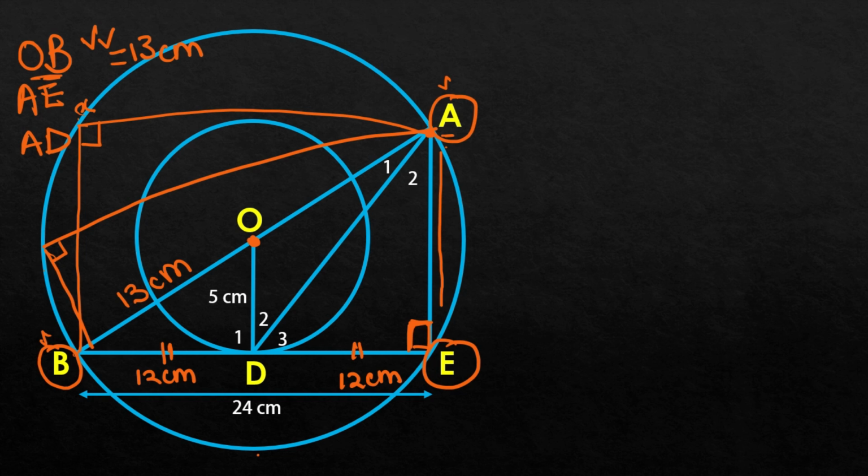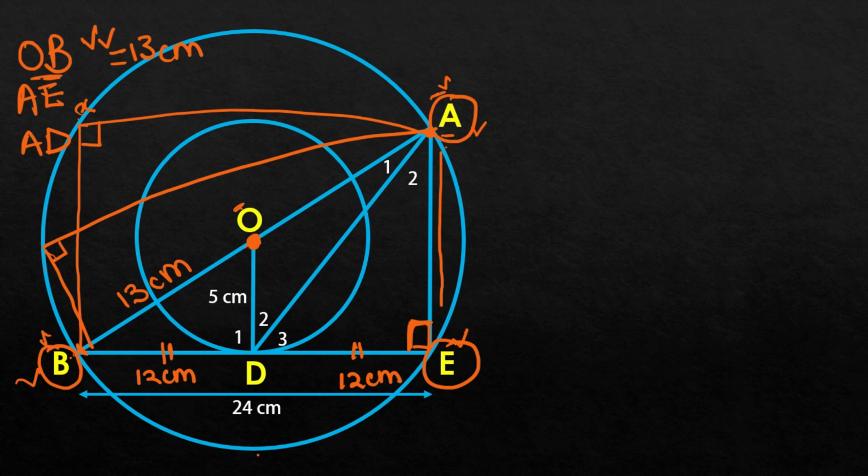So because this angle is 90 degrees, we are still going to use the theorem of Pythagoras, but we are going to pay attention to A, E, and B. And as you can see, from O to B, it is the radius of the larger circle, and from O to A is also a radius of the larger circle.